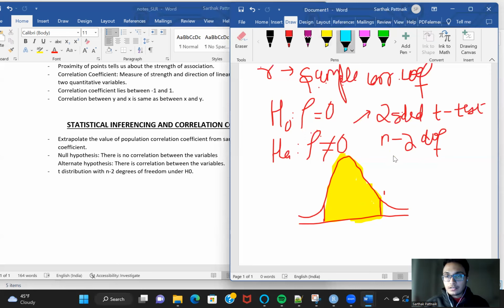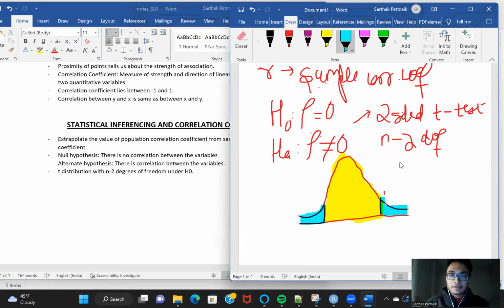And we are interested in estimating whether my point lies in this region or this region. So this is the basic concept of a two-sided t-test. You can do it in both ways: using the test statistic approach, or using the p-value approach.